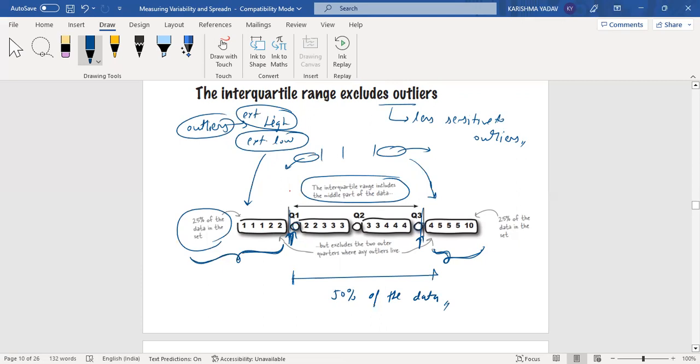It only includes the middle part of the data set, but excludes the two outer quarters where any outliers live. Extremely high values will be in one of these quarters, and extremely low values will be in the other.